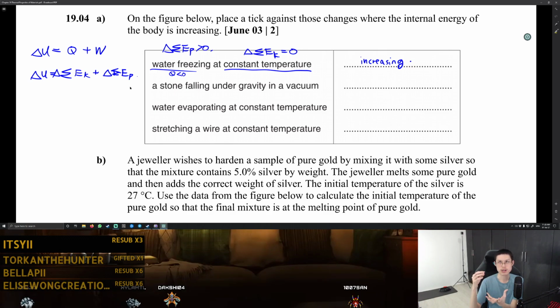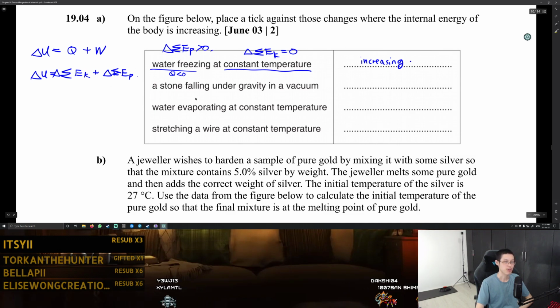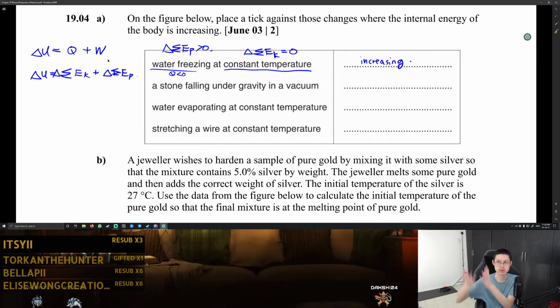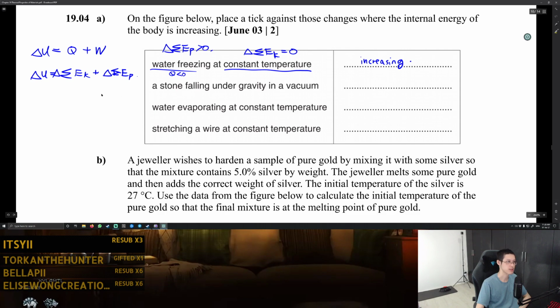It refers to the potential energies of the particles in the system. So the GPE doesn't actually play a role in the EP over here. For this EP, you only look at the average separation of the particles. You don't care whether the system is falling, or whether it's being taken up. So this falling here is inconsequential. We don't care about this.